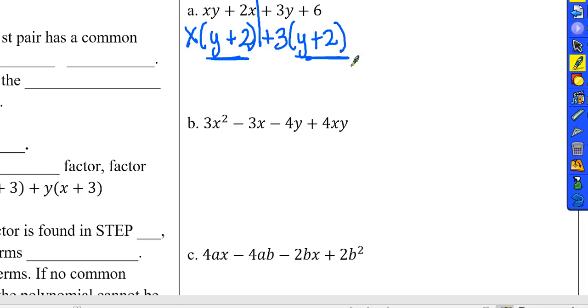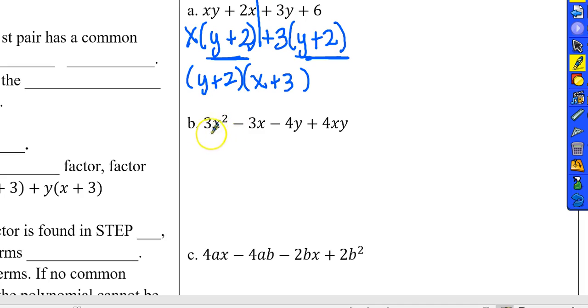We have matching binomial factors. So guess what? We can move on. We factor it out. What's their common factor front and back? The binomial factor of y plus 2. The other group, because we're writing it as a product, is x plus 3. Factored. Done. Handled. Next problem.